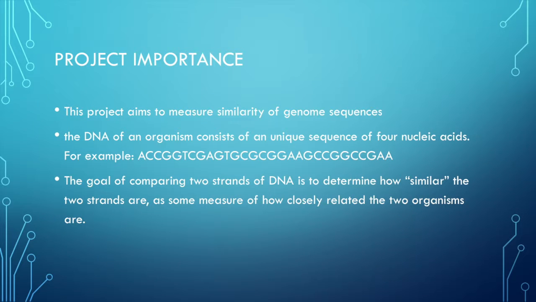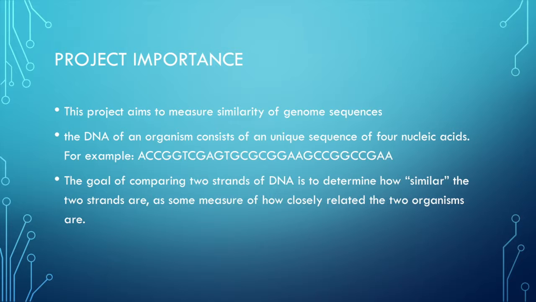Now let's see what is the main aim of finding longest repeating string in genomes of organisms. The main aim is to measure the similarity of genome sequences. Now let's see what is a sequence.